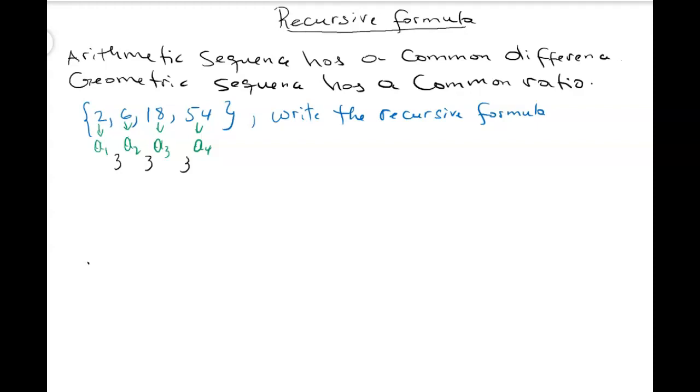Again, just like for an arithmetic sequence, for a geometric sequence, the recursive formula is: to find the next term, you have to take the previous term and you have to multiply by the common ratio.